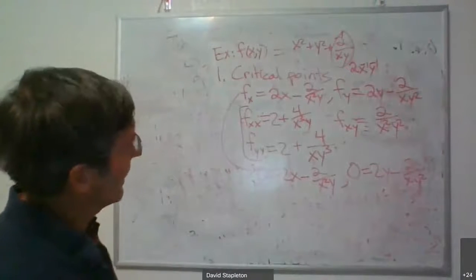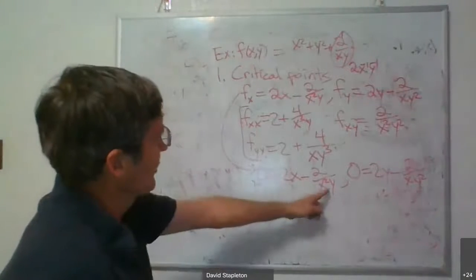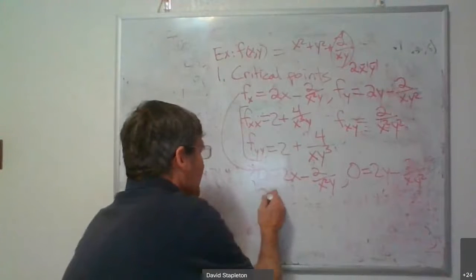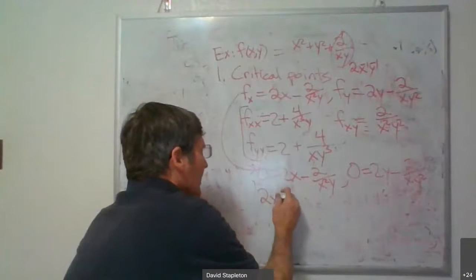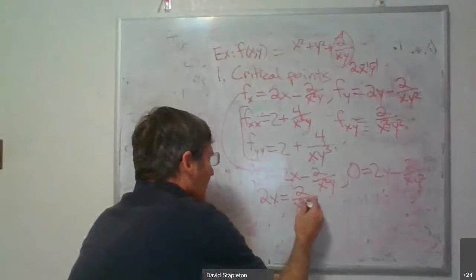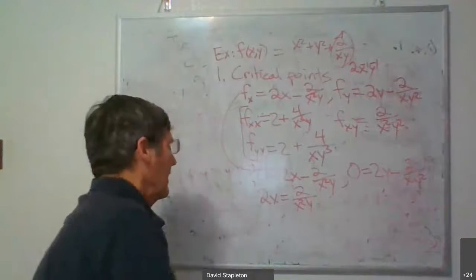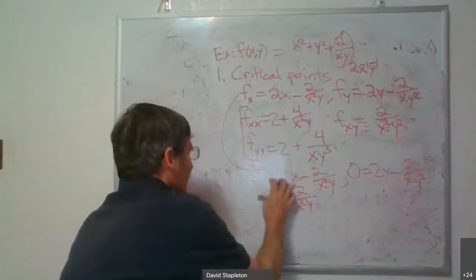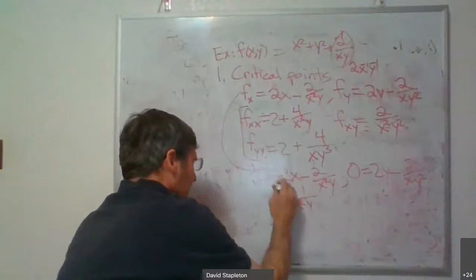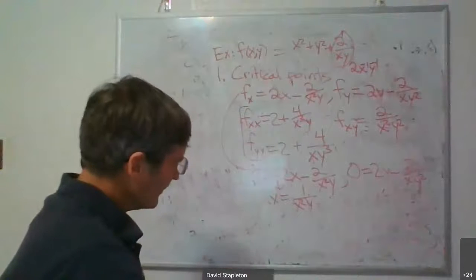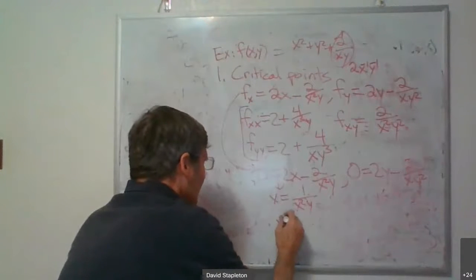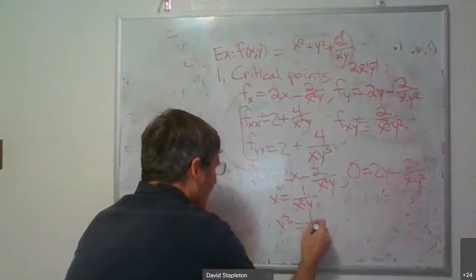So try doing that. Maybe this one I could solve for y. It only occurs once, right? So I could say 2x equals 2 over x squared y, and I can divide by 2 and write x equals 1 over x squared y. Now if I multiply by x squared, I've got x cubed equals 1 over y.